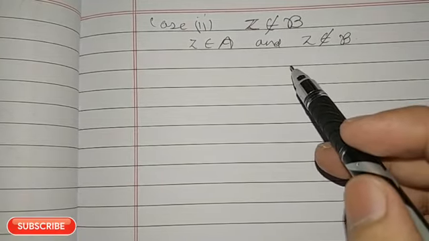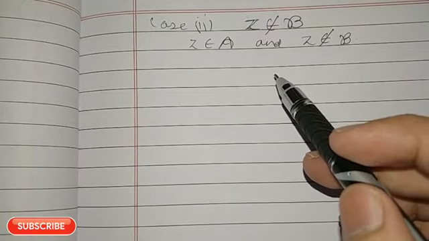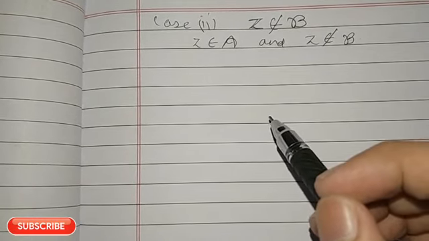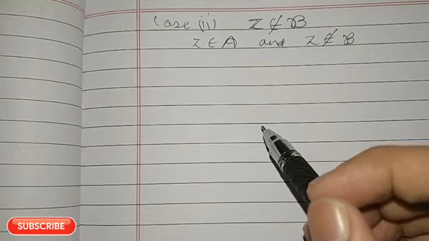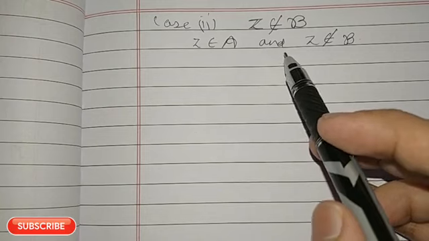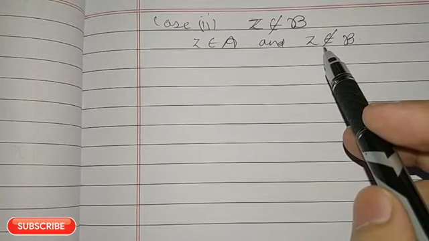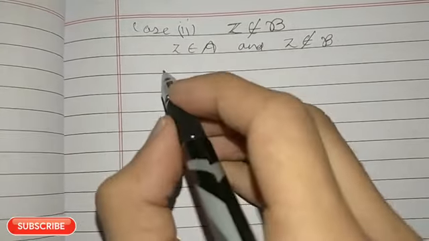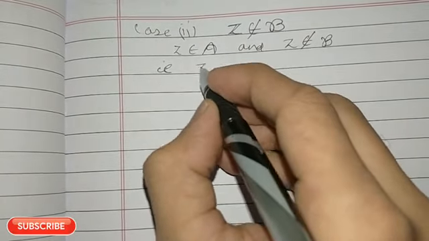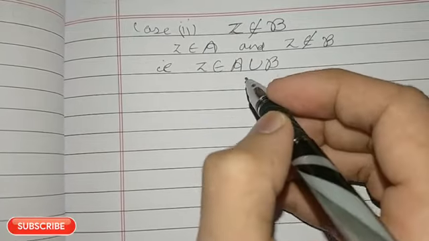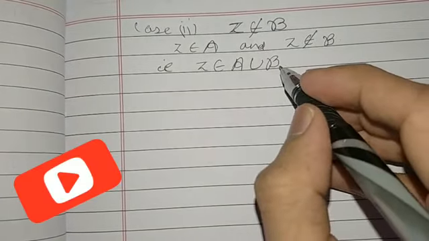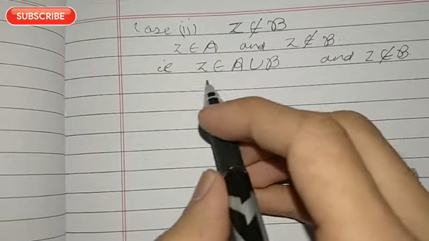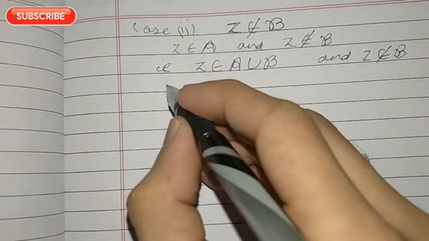So from here you can see that since Z belongs to A, Z will belong to A union B. Z will belong to A union B, and we also have Z doesn't belong to B.